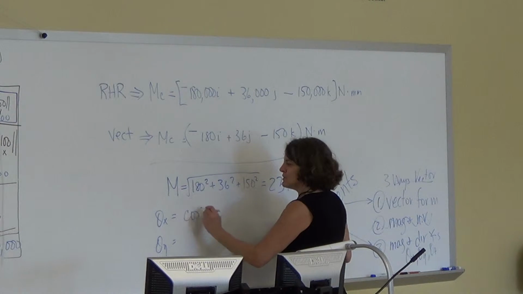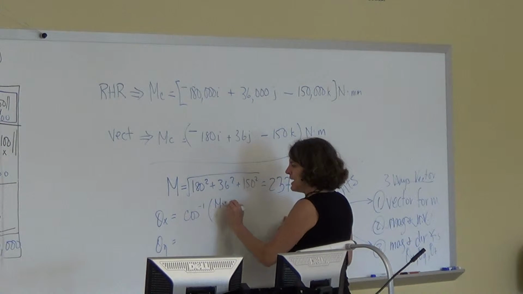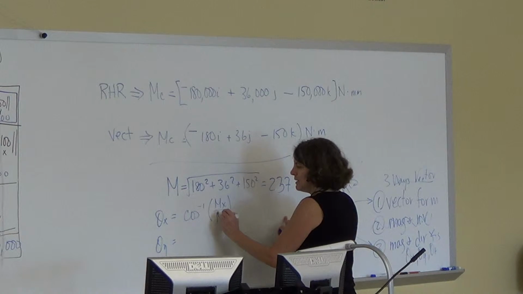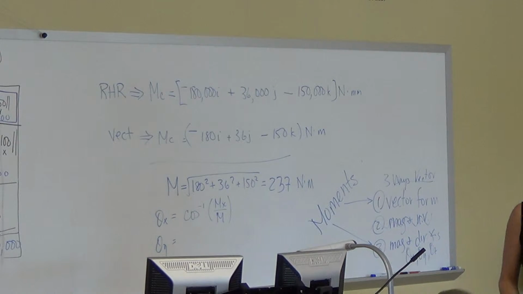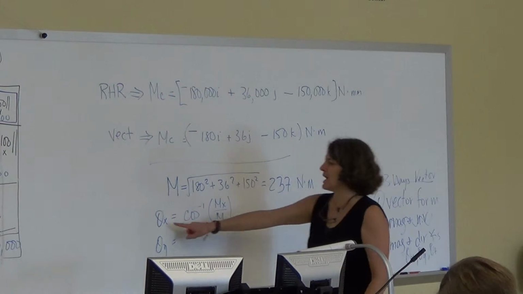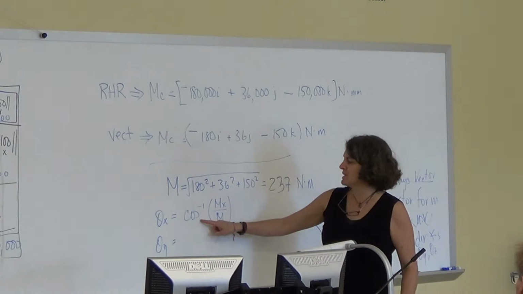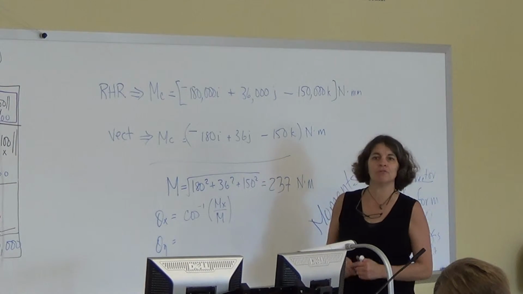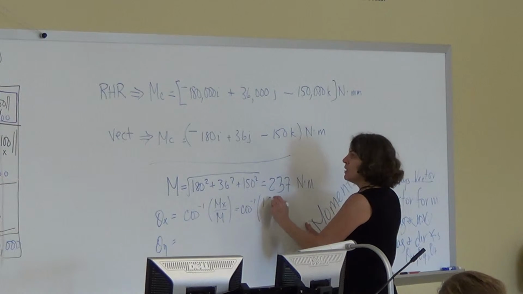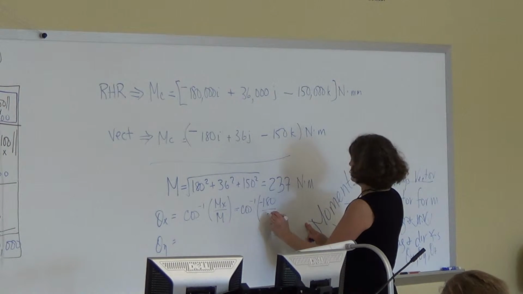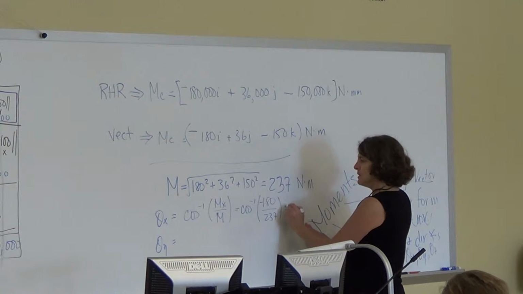So the inverse cosine of the moment about x over the moment. Remember, whenever I ask you a question about moments and you're not sure, think of it in terms of forces. To find the direction angle of a force, it was the inverse cosine of the force x over the force. So it's the inverse cosine of negative 180 over 237.